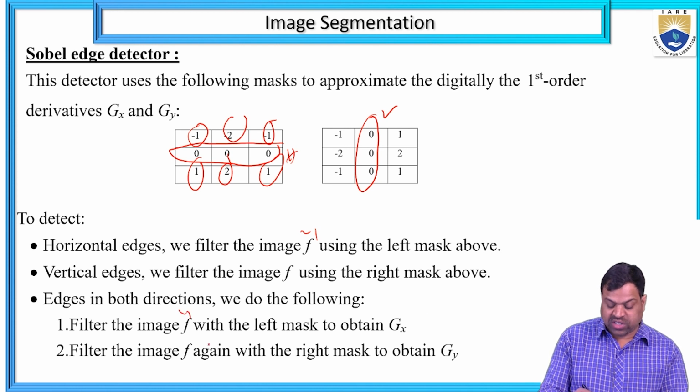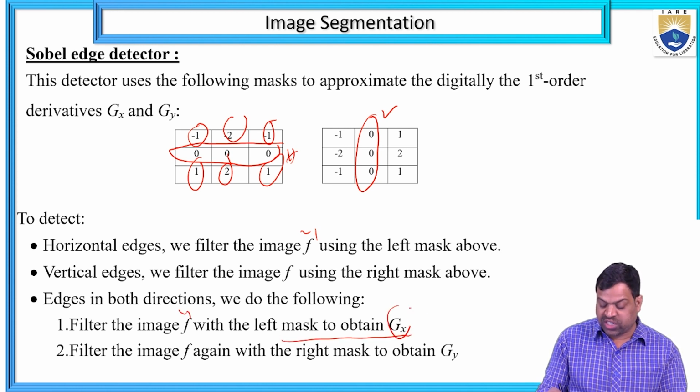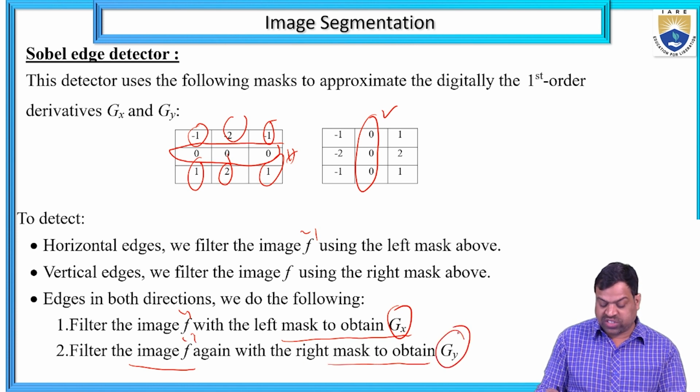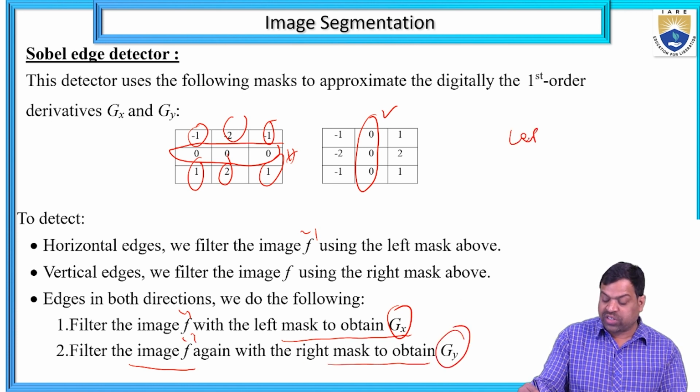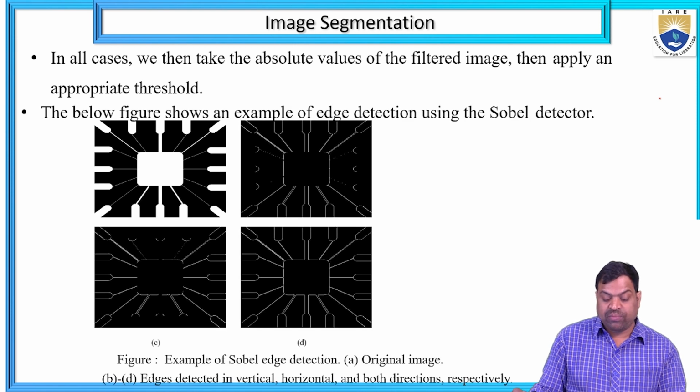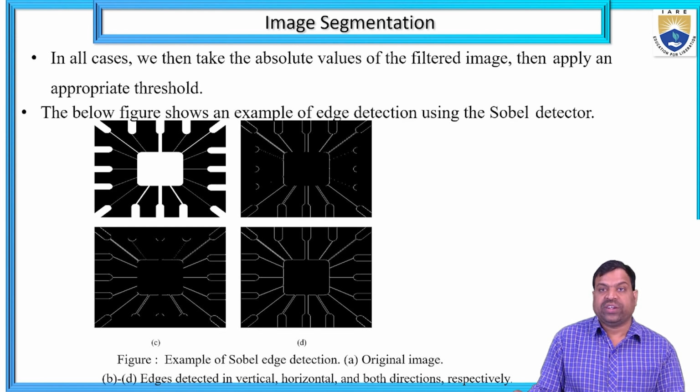So filtering the image F with the left mask, I obtain Gx, and filtering the image F with the right mask, I obtain Gy. It is a relation between Gx and Gy. In all cases, we can take the absolute values of the filtered image, then apply an appropriate thresholding.